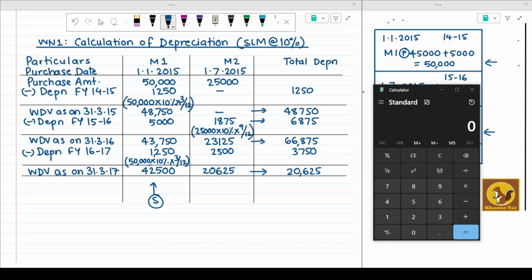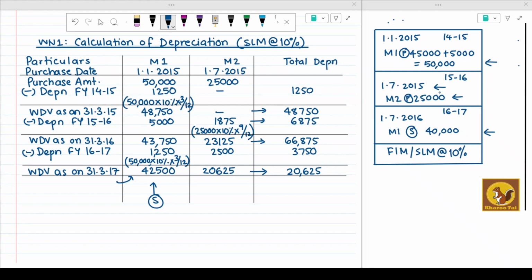For machinery 1, 20,625 WDV is as on 31st March 2017. However, for first machinery which will be sold, that will be on the date of sale, right? On 1st July. So this WDV will be as on 1st July 2016.